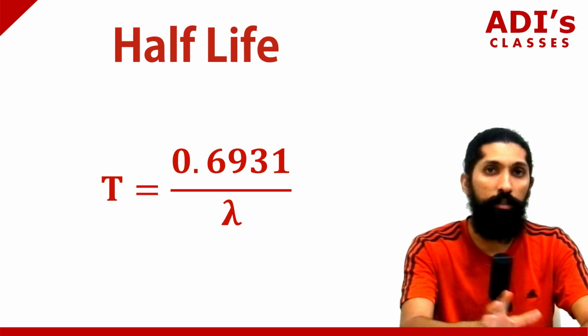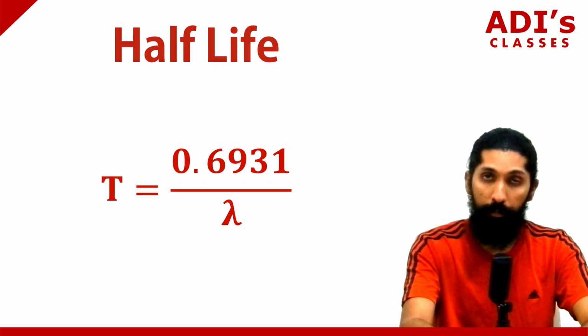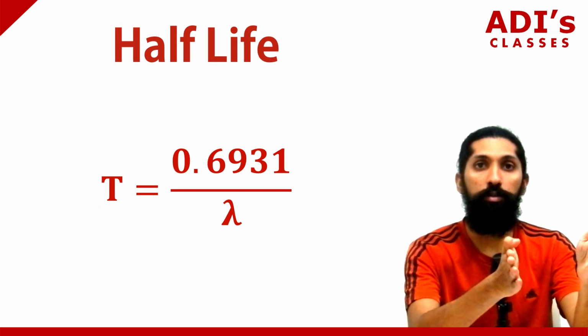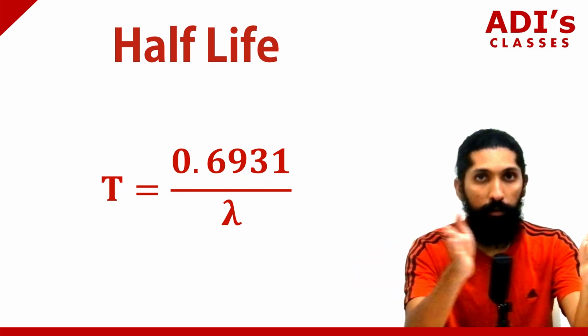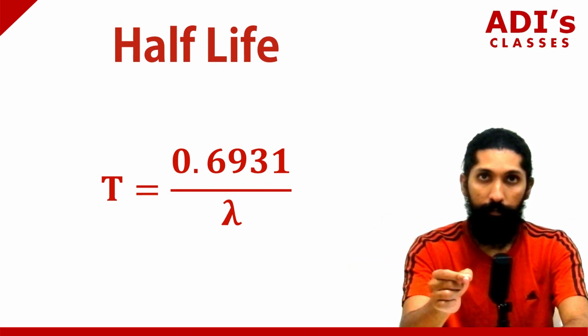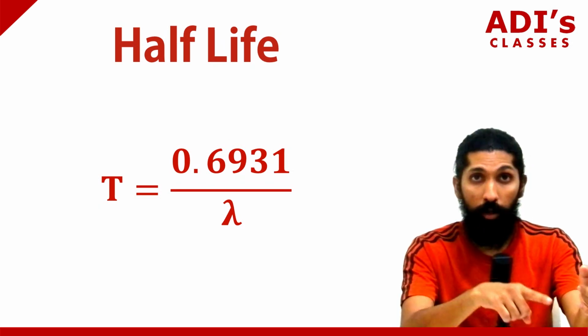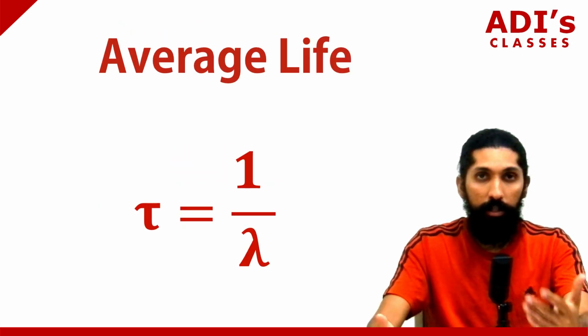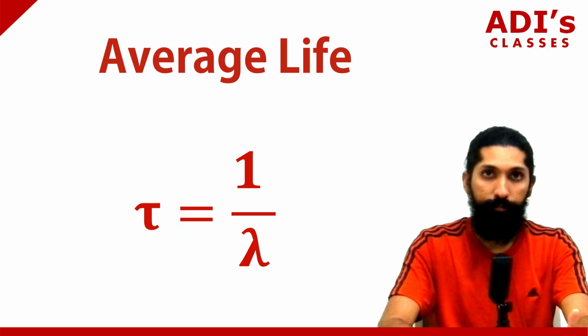That's not the half-life. Half-life is the time taken for the number of atoms to reduce to half. Average life, tau is equal to 1 by lambda. Correct? The higher the disintegration constant, the lesser the average life.